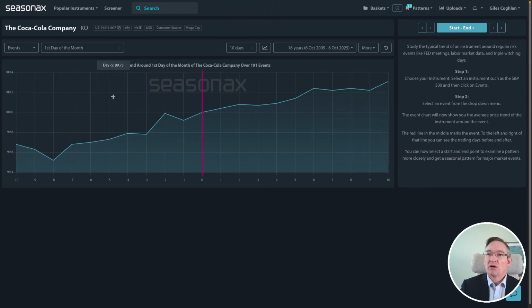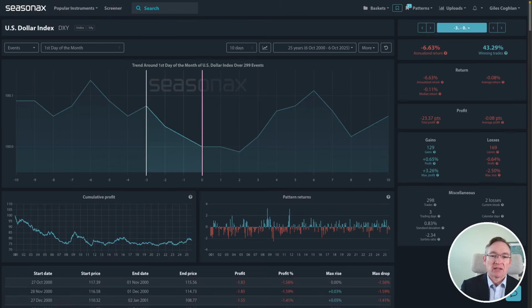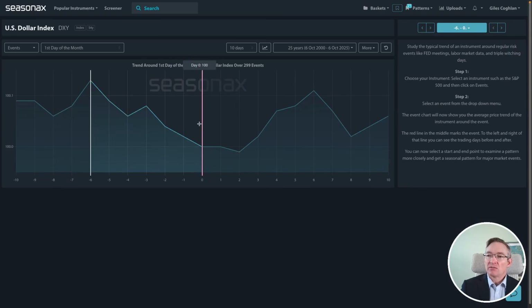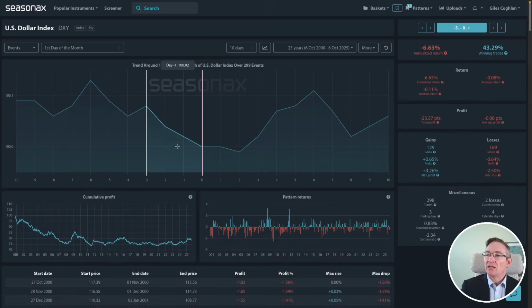Even in FX markets, the turn of the month effect can show up repeatedly. If we look at the dollar index, for instance, corporate and institutional flows plus hedging adjustments tied to month-end rebalancing can drive predictable currency moves. For instance, dollar weakness into month-end, you can see that bias for dollar weakness in the 3 days into the end of the month and the 6 days into the end of the month.